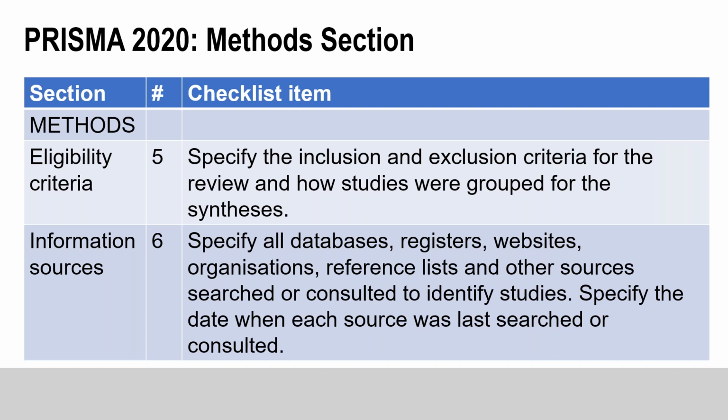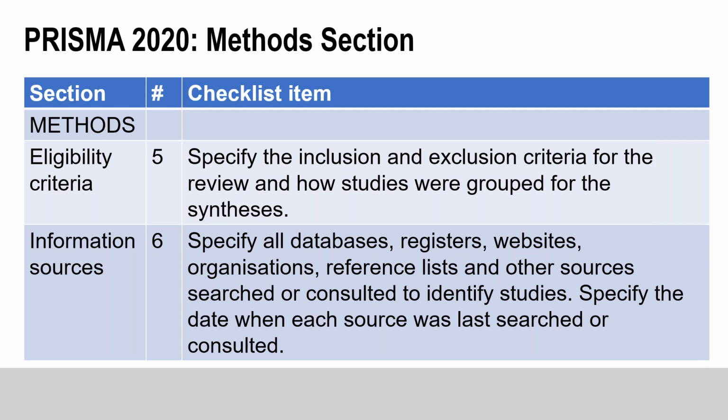What we're trying to get at there is that a lot of people do a good job of specifying what type of studies are eligible for the review as a whole, but it's often a bit unclear as to what studies are going to be eligible for each particular meta-analysis or each particular synthesis.